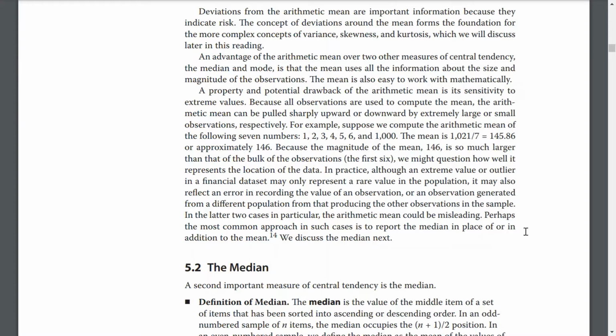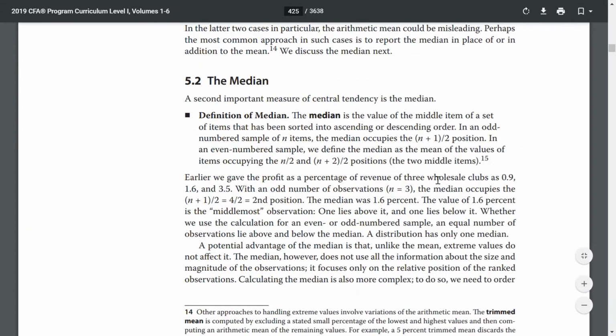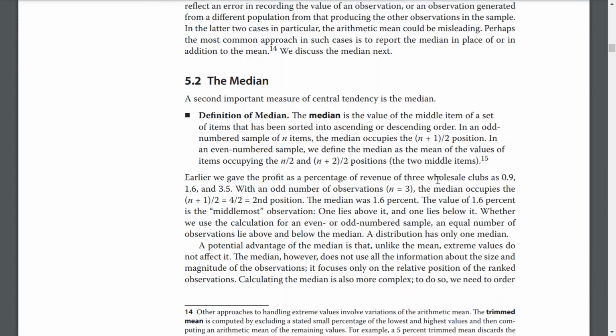We discuss the median next. A second important measure of central tendency is the median. The median is the value of the middle item of a set of items that has been sorted into ascending or descending order. In an odd-numbered sample of n items, the median occupies the (n plus 1) divided by 2 position.